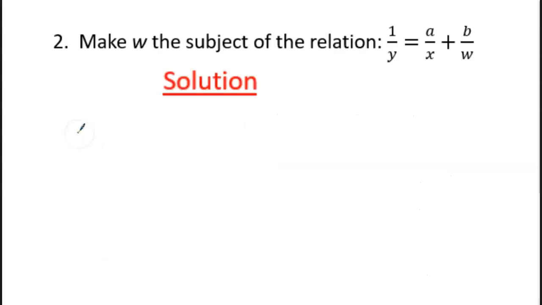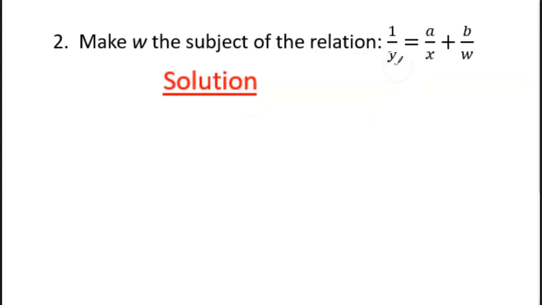Let's look at the second example. Make w the subject of the relation: 1 over y is equal to a over x plus b over w.